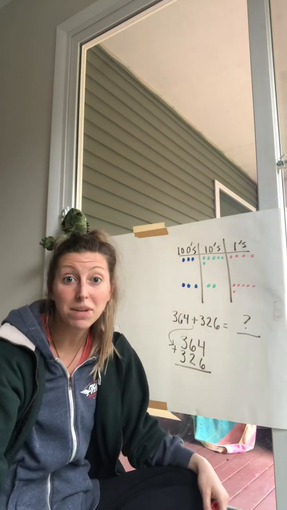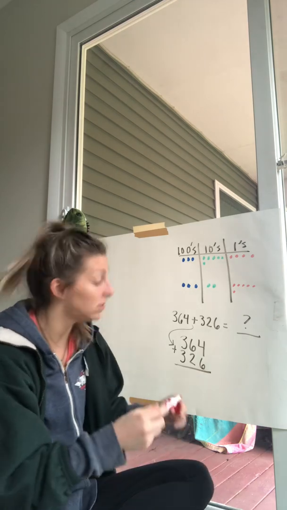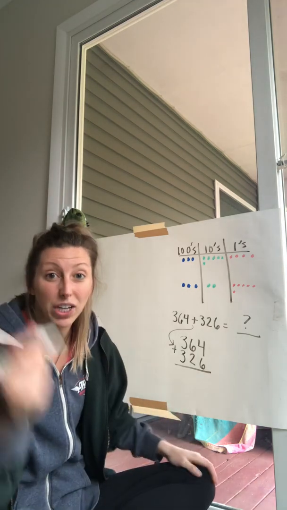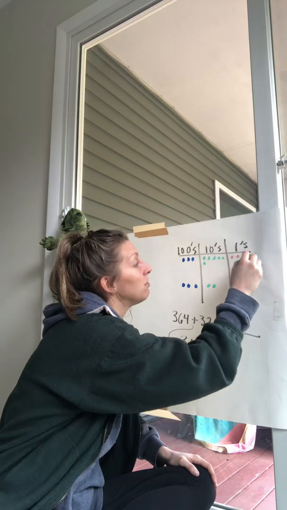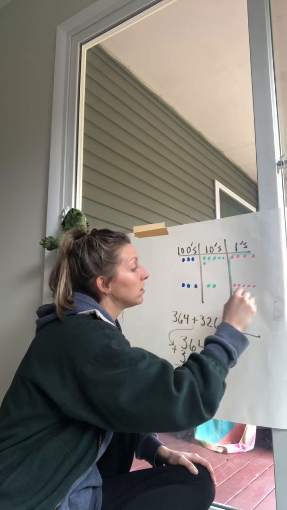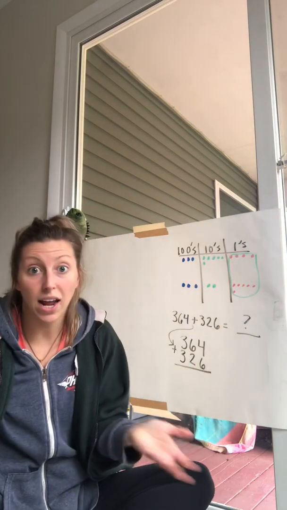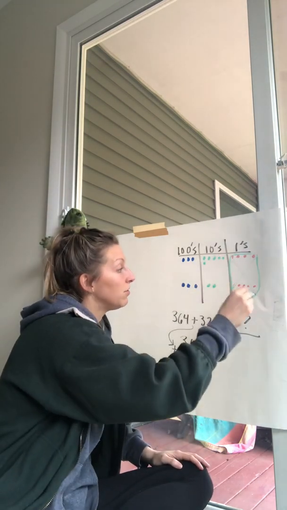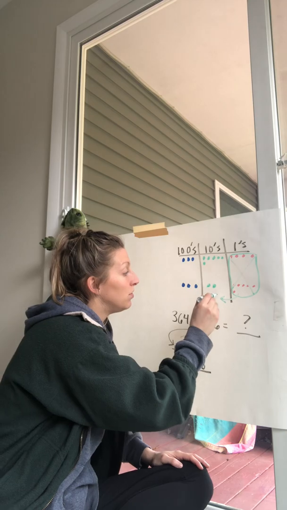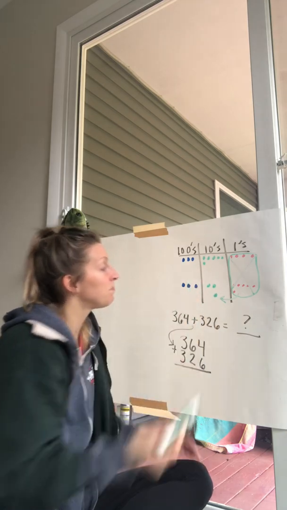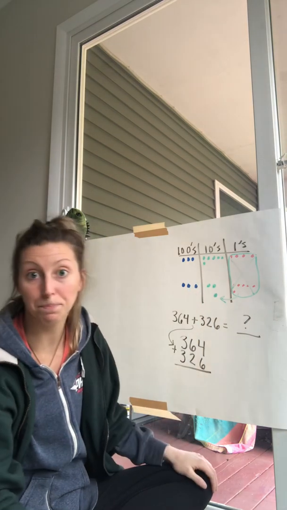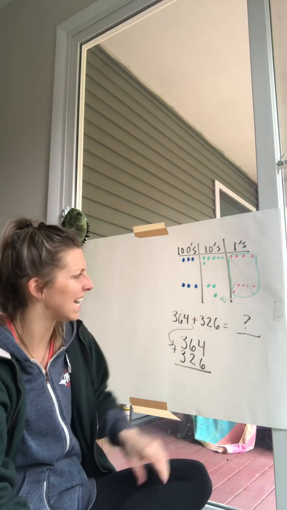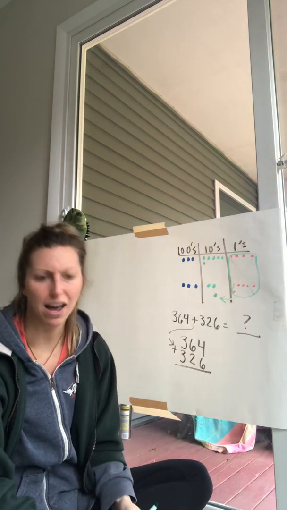Oh, well that means I can exchange those ones, and I'm going to circle them in green because I can exchange the 10 ones for a place value of 10. So I'm going to cross that off, and I'm going to move those 10 ones over to the tens column. Now since I did that, do I have any ones left?